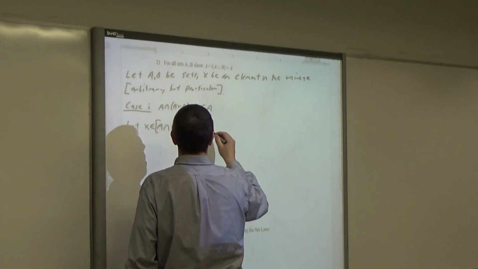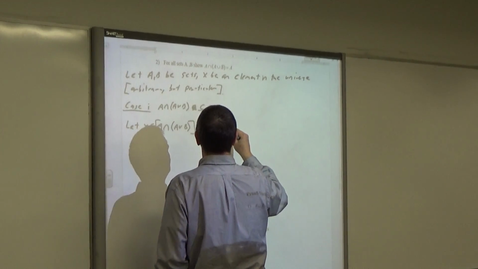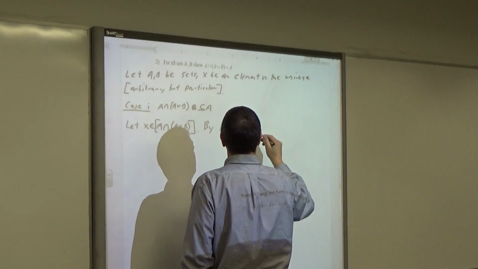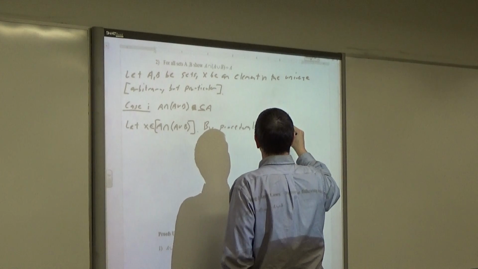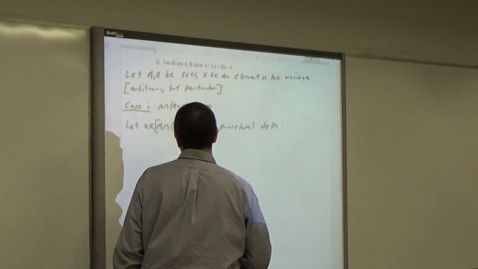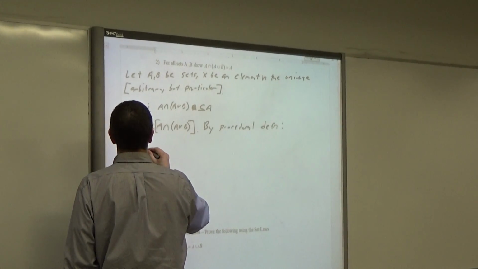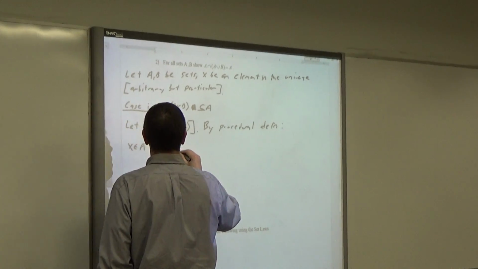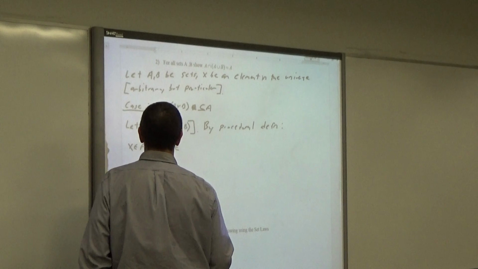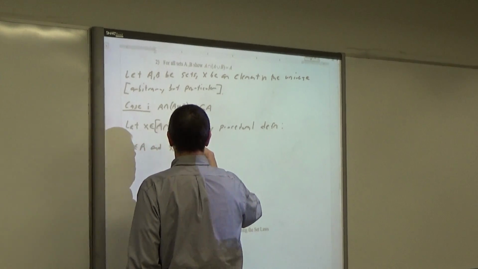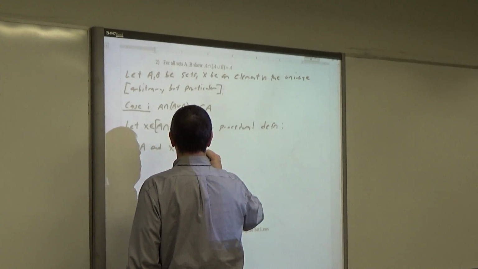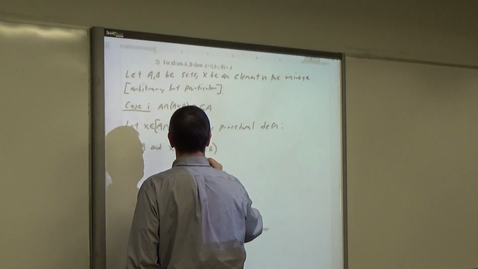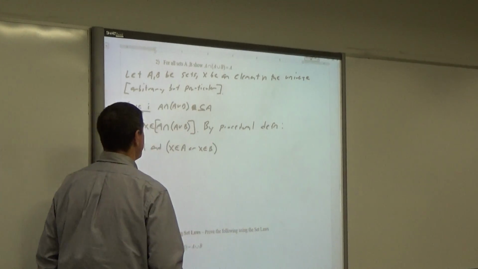By procedural definition, we can say that this means X is an element of A and X is an element of (A or B), and I'm going to put this in parentheses.